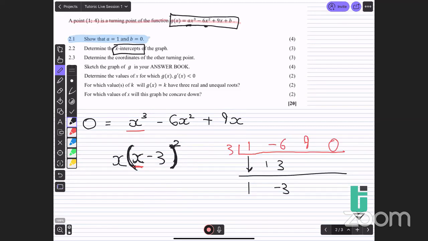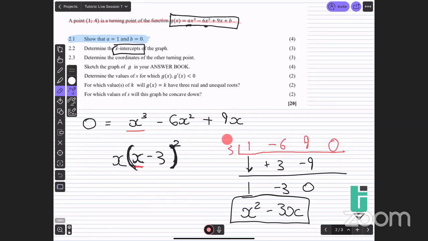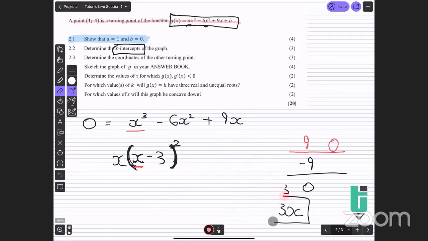You add these and it becomes minus 9, which is 0. Therefore you get x squared minus 3x, which is the same as what we got earlier, right? And there are concept videos on synthetic division.